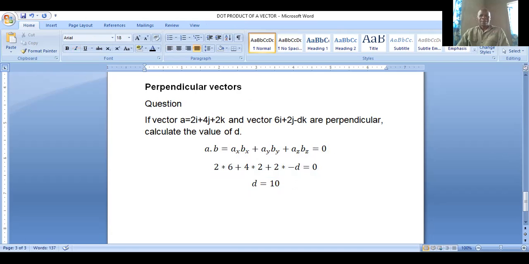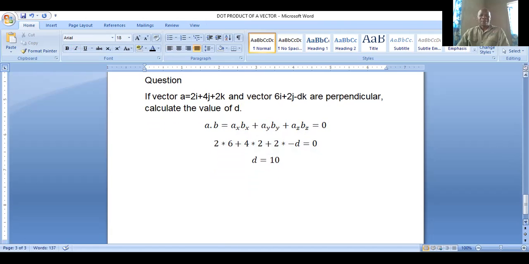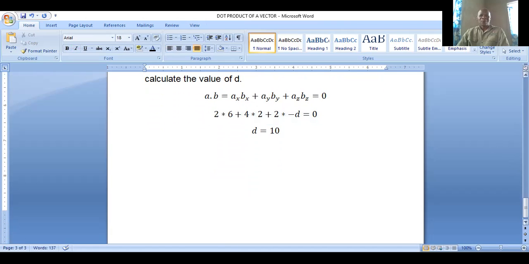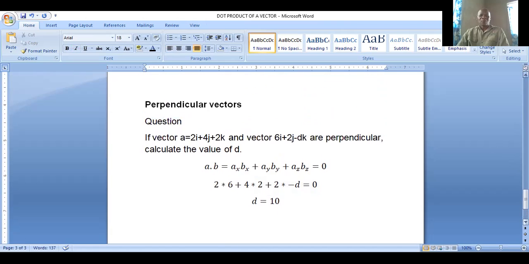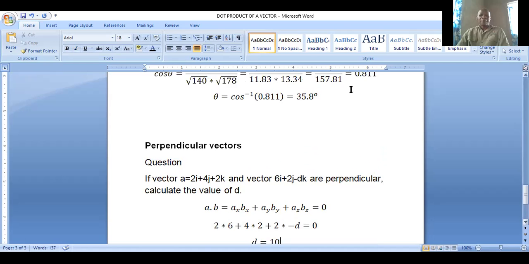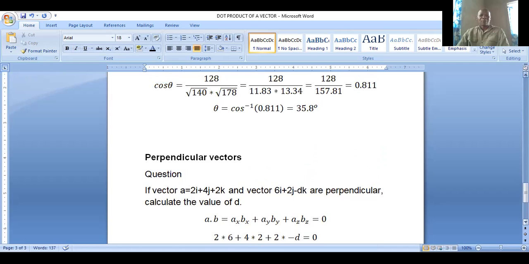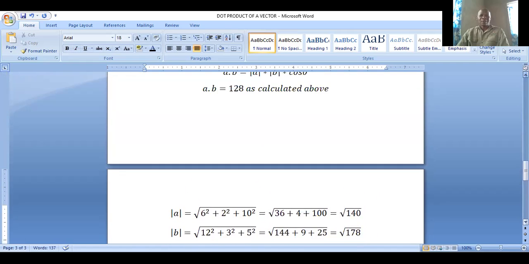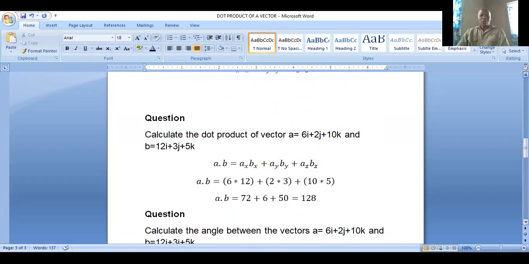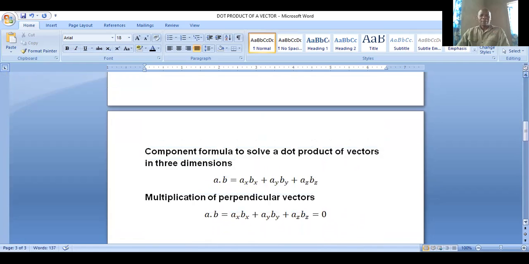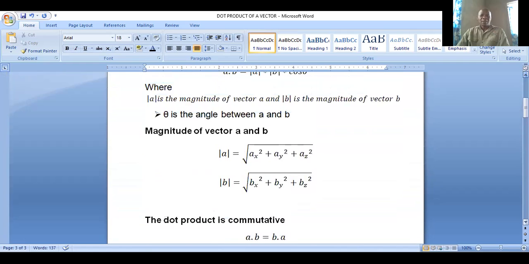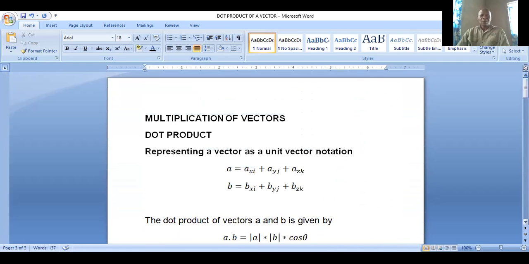So this is merely the concept which we have learned on solving equations using the dot product. These are very important concepts because complex problems, when we solve them in physics, we are actually required to use vectors. And these mathematical concepts are very important so that we can be able to solve physics problems without any problems.